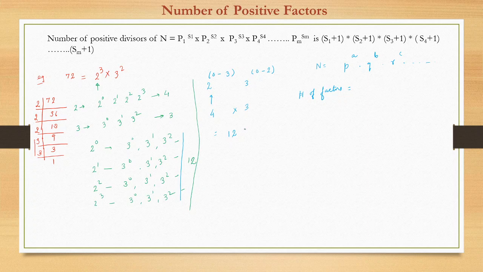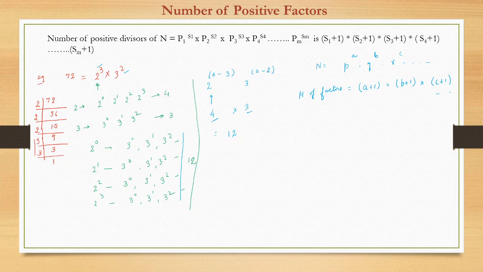Here the power of 2 was 3, so we effectively multiplied by 4, and the power of 3 was 2, so we multiplied by one more, that is 3. So the generic method is (a plus 1) into (b plus 1) into (c plus 1) and so on.